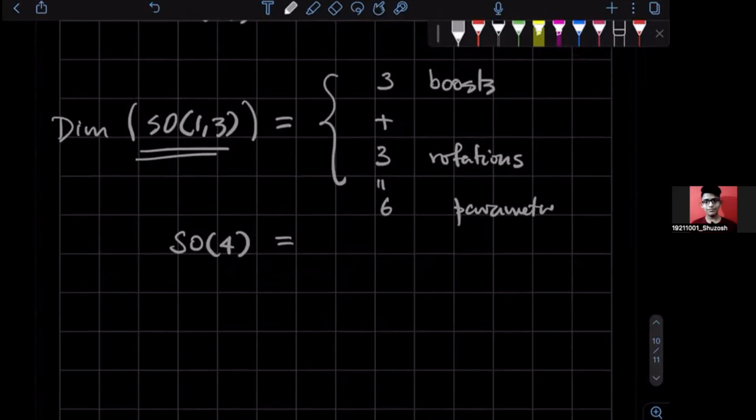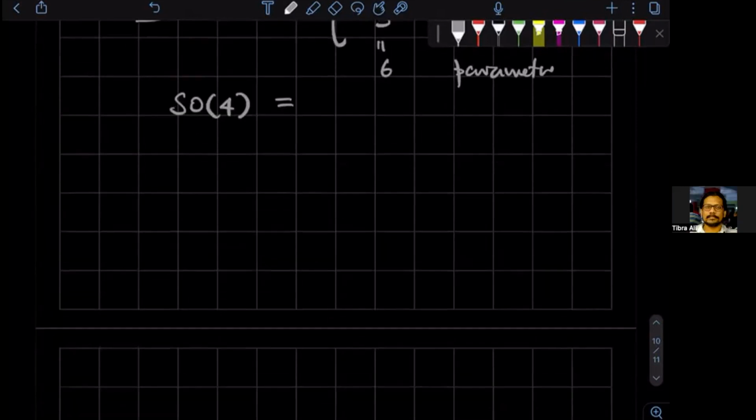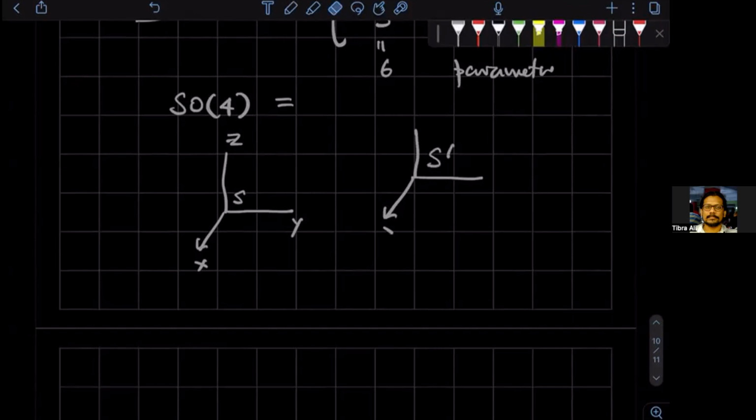In special relativity, if you have a frame of reference, say S, and another frame of reference, S prime, which has x prime, y prime, z prime, and suppose S prime is moving with some velocity v within the S reference frame.